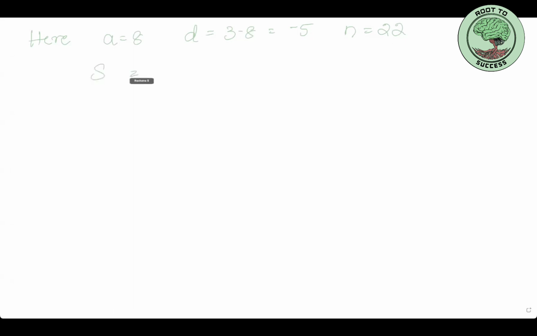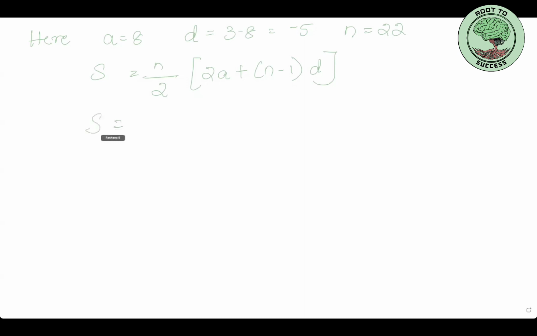S is equal to n by 2 into 2A plus (n minus 1) into D. Let's substitute our values in the formula.